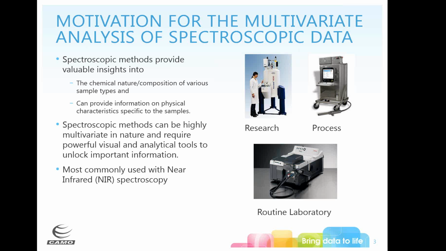Now, we most commonly use multivariate data analysis on NIR data due to all the overtones and combination bands. Instead of having very sharp peaks, you have these broad general peaks. And to pull out the information that you really are interested in, you need to massage the data and filter out all the noise for the stuff that you don't really care about.